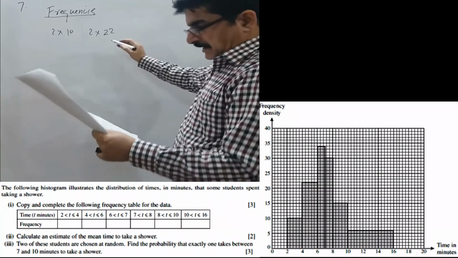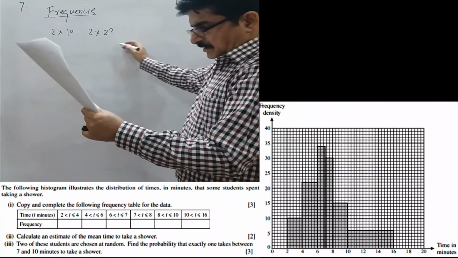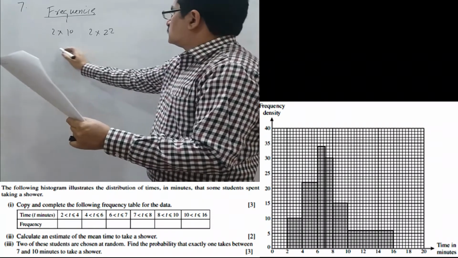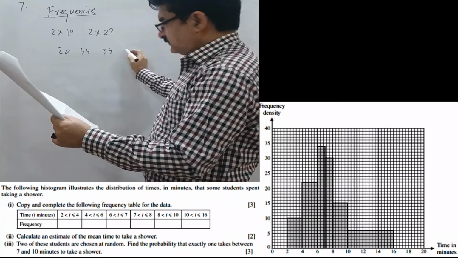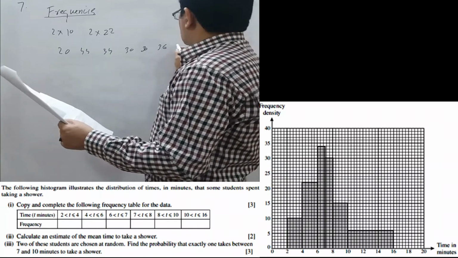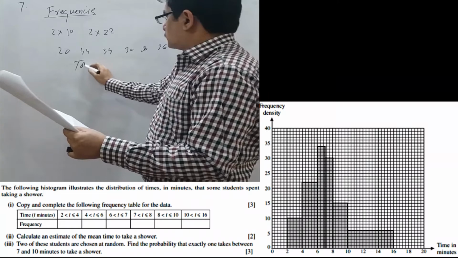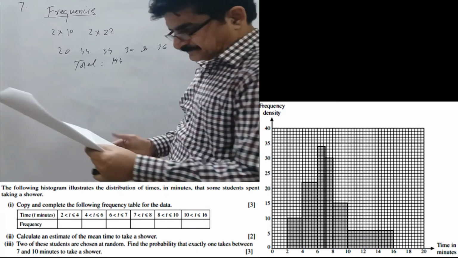Its height is 22, width is 2. In this way you will get the answers 20, 44, 34, 30, 30, 36. If you add these, you will get the total, which is 194.